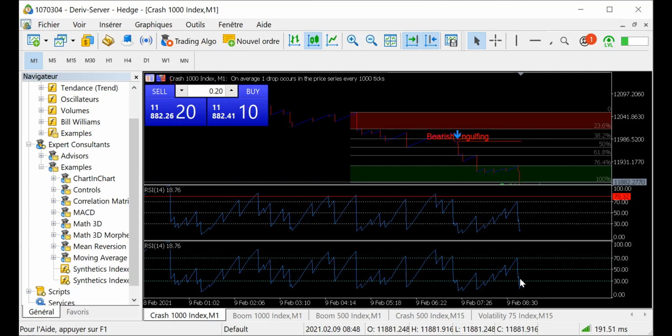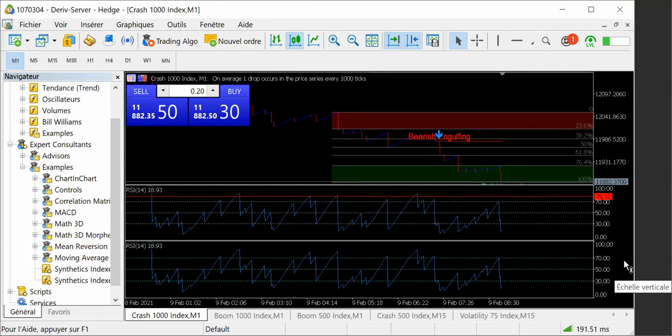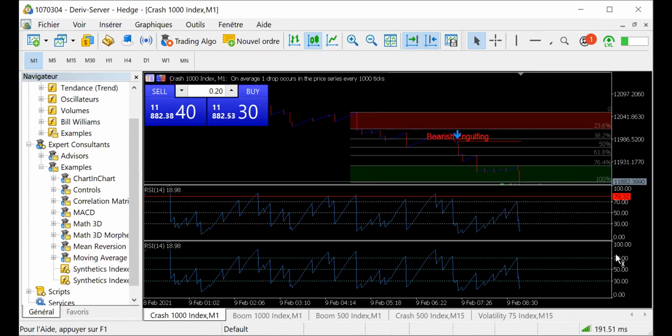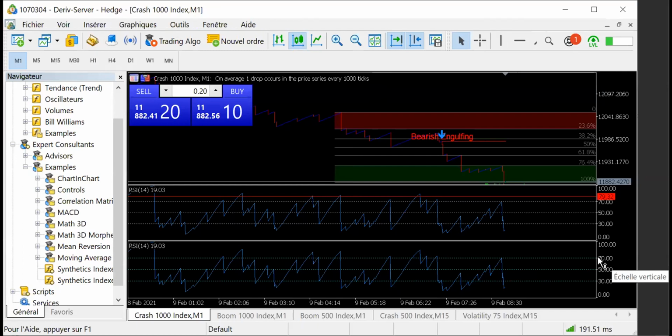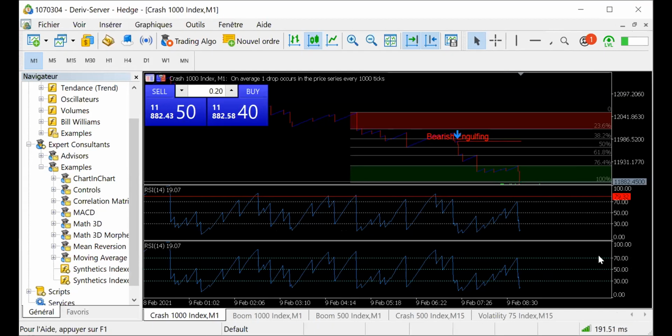Here it is a branch, right? So you take into account this level. Pay attention to this point, 70. It is a main point which can help you to take a position, very important, when we are on Crash.